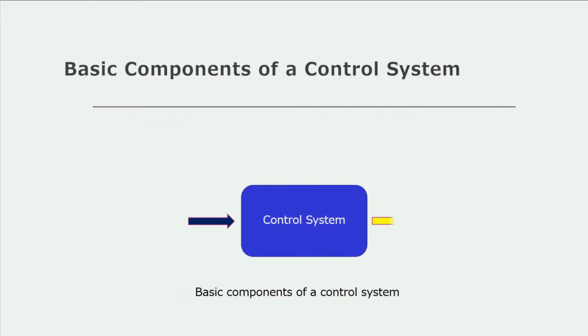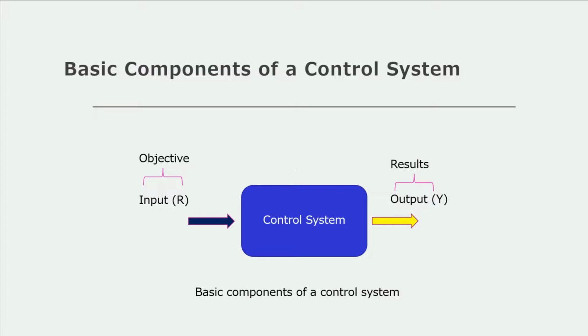So as I mentioned previously, the system with the control environment, we can say the whole thing is a control system, which basically has an input, and lastly an output. The input is our objective.